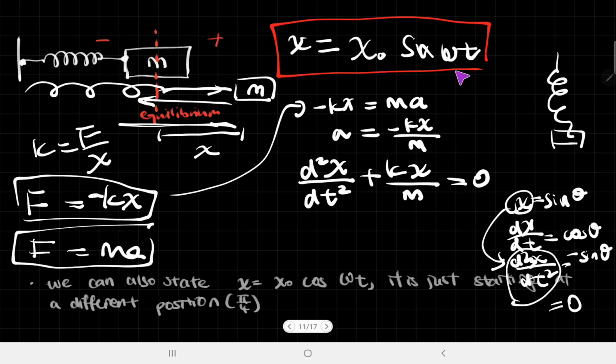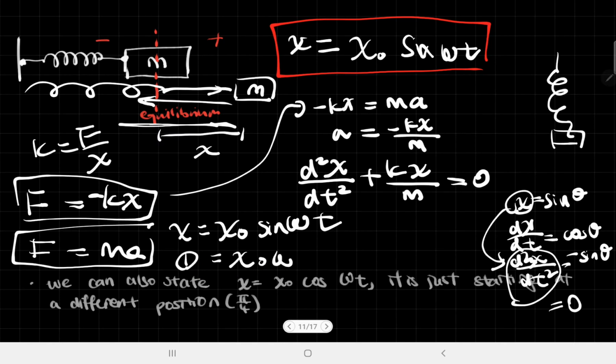Now we have this omega thing, and we're just going to put this whole equation inside. So let's differentiate this twice. The first time we differentiate it, it is going to be the amplitude times omega times cosine omega t.